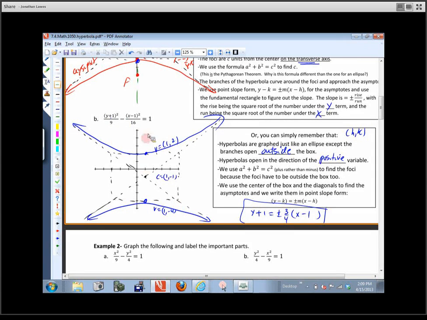So we're going to go up 5, that's going to put me right here. Down 5, that's going to put me right there. So let's go ahead and label that. Focus here would be, notice that they all share the same x coordinate. They're on that same transverse axis. So this was up 5 from there, so that's going to put us at 4. This was down 5, so that's going to put us at -6. Am I doing okay there? Okay.